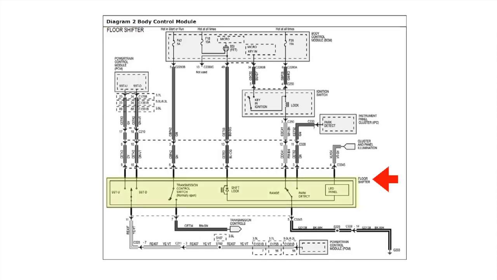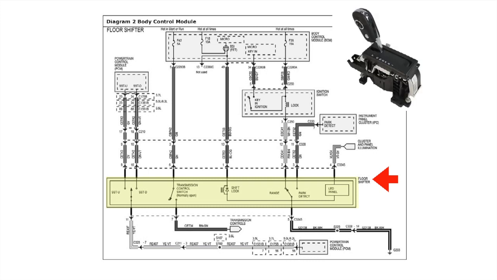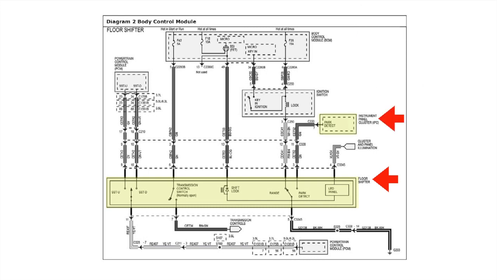In this diagram we have the floor shifter, and notice that it is a solid box, which means it is a complete unit and all the electrical points are identified, and this is what it looks like. We also have the instrument panel cluster.